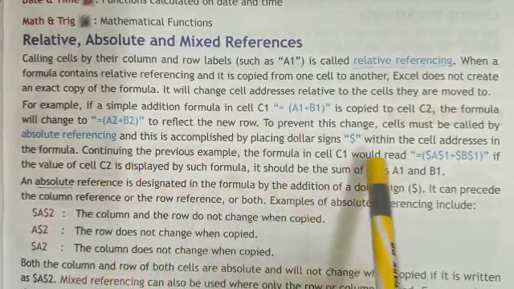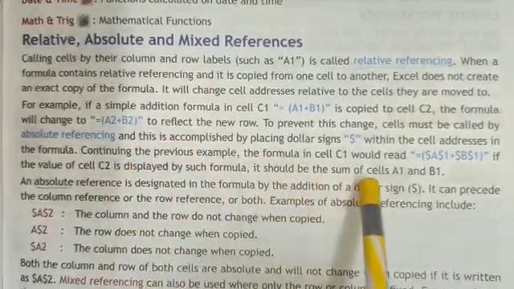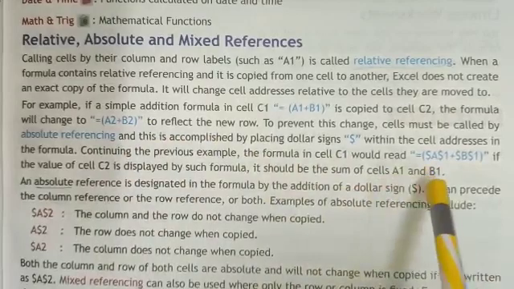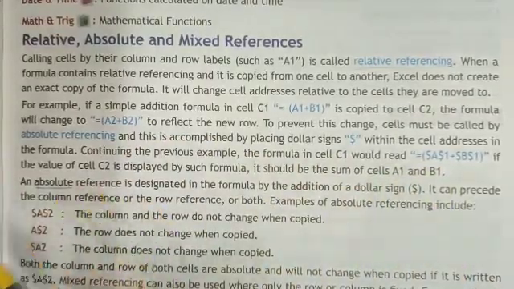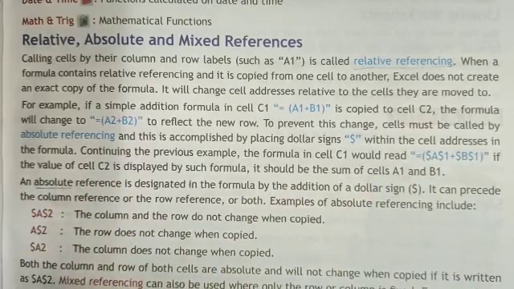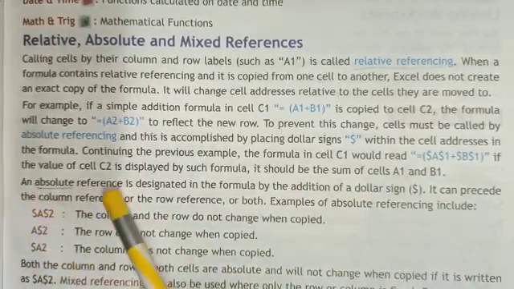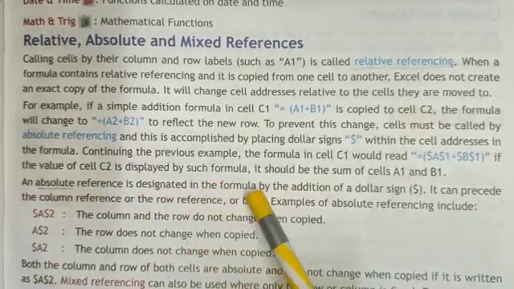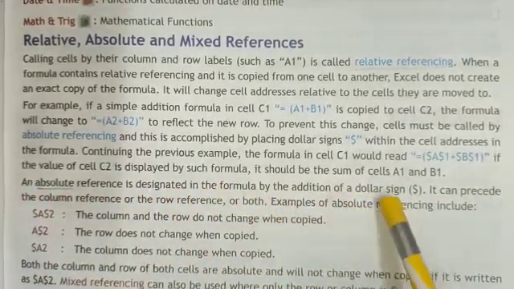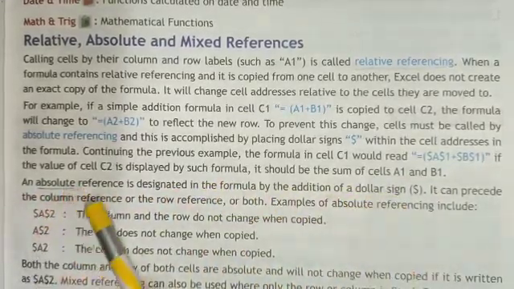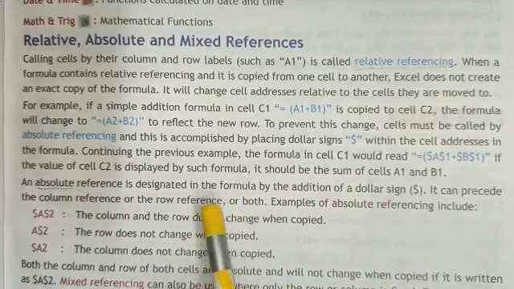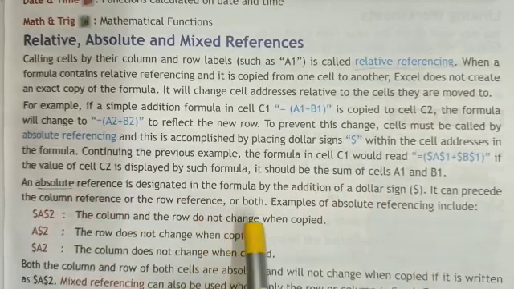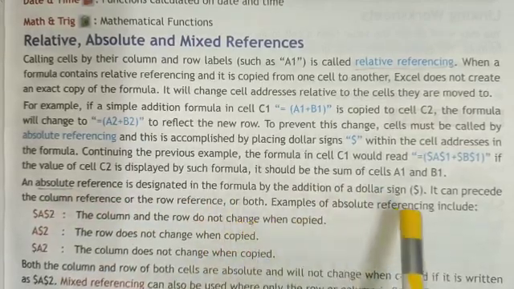It will also show the sum of A1 and B1. An absolute reference is designated in the formula by the addition of a dollar sign.